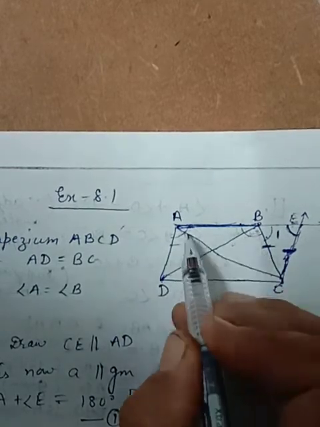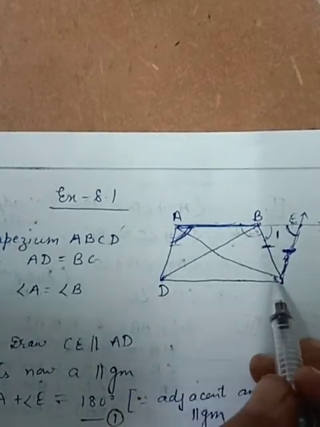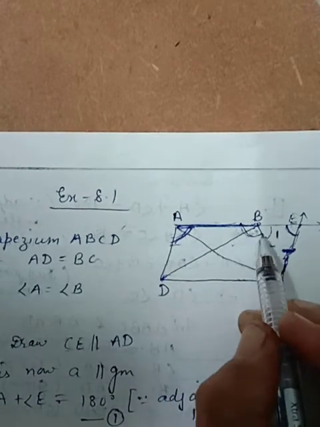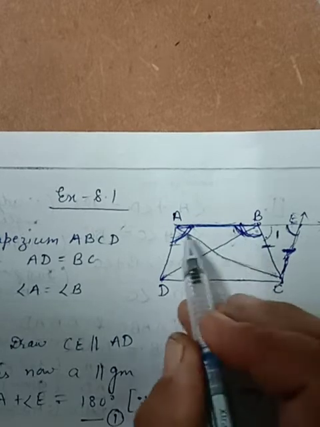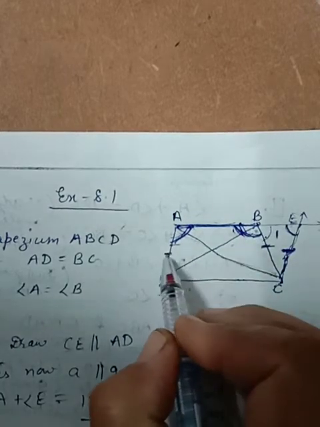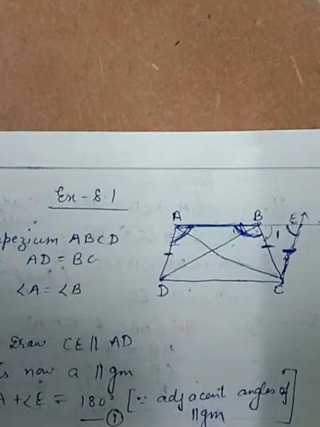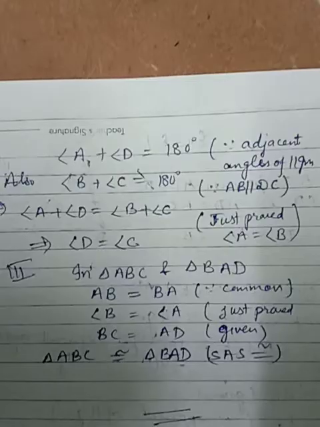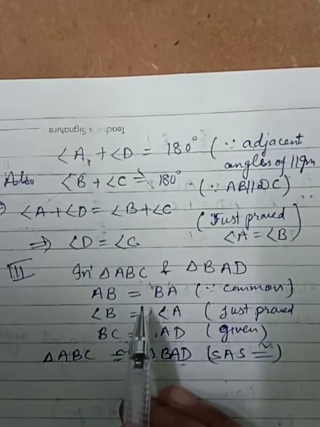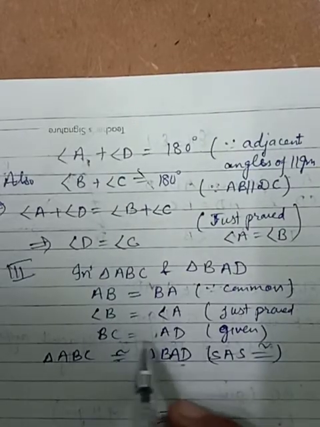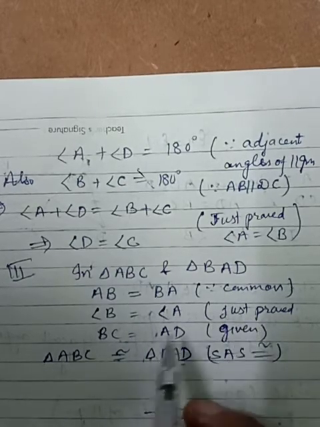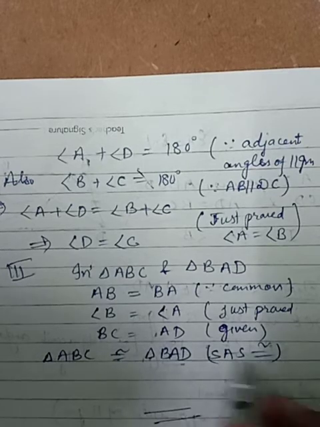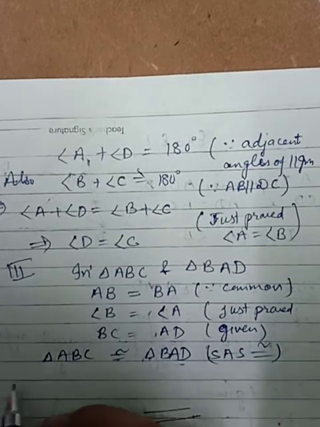Secondly, in this triangle angle A is coming and in this triangle angle B is coming. And third, this side is equal to this side. So we have used this criterion: side, angle and side. One is given, one is common and one is just proved. By the SAS criterion, these two triangles are congruent, hence the third part is proved.